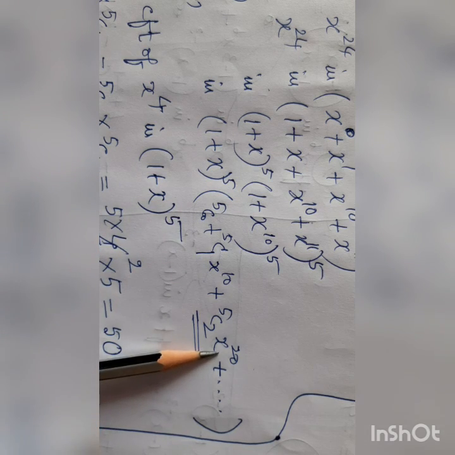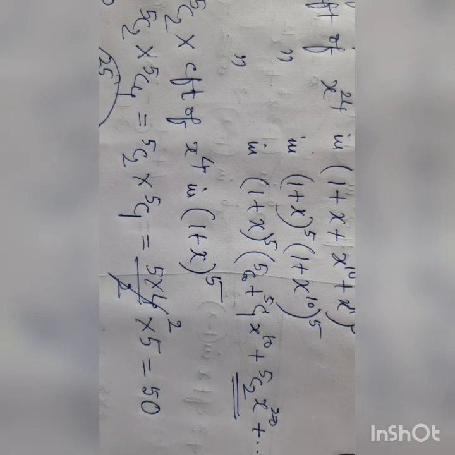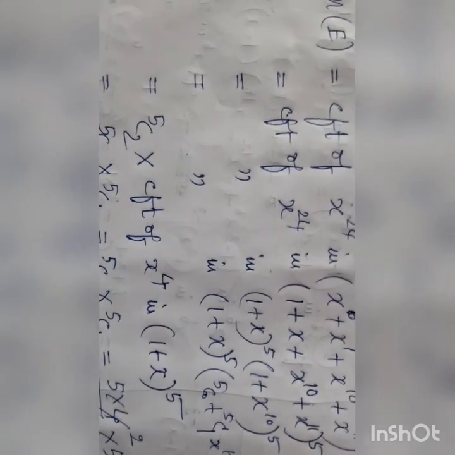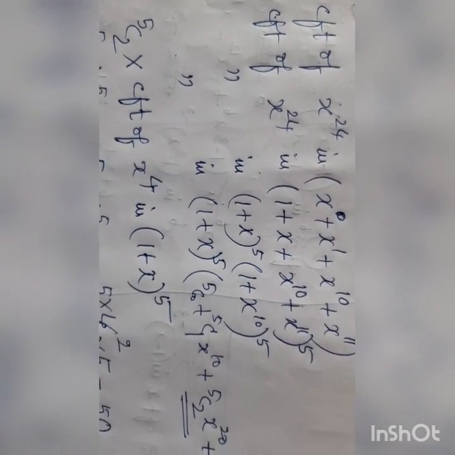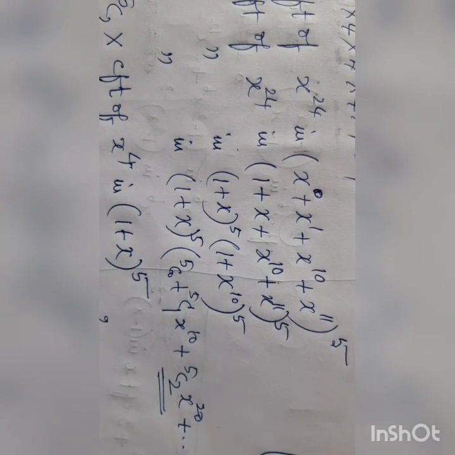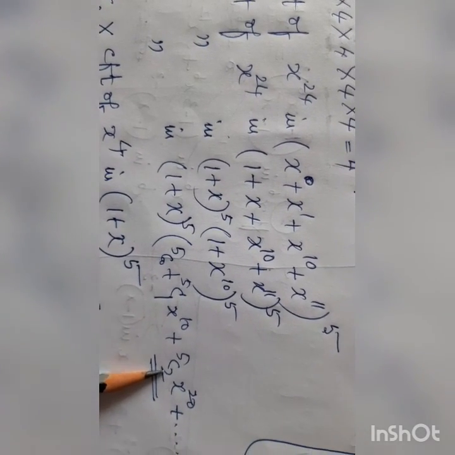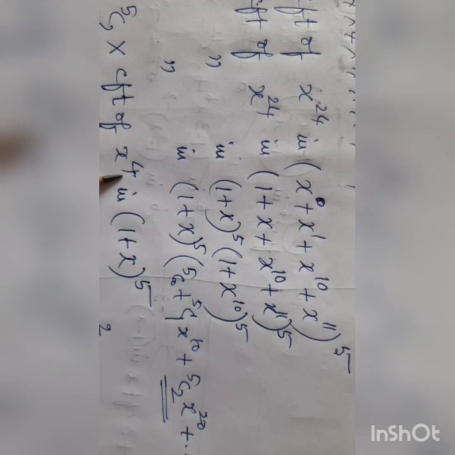If I write like this, x power 20 is here. Now, how to find x power 24? 5C2 into the coefficient of x power 4 in 1 plus x whole power 5. How?